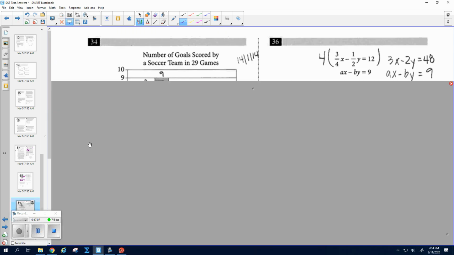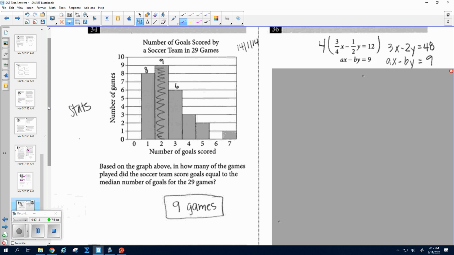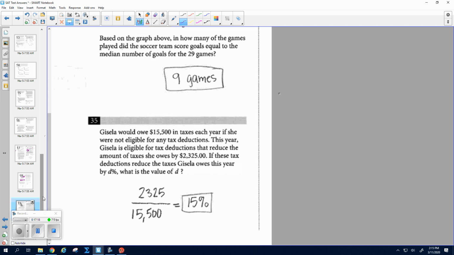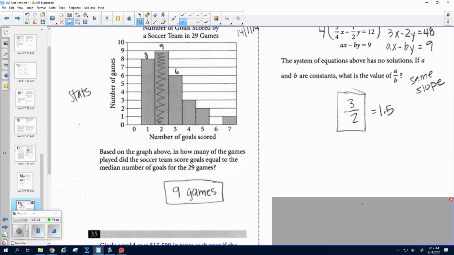Number 34, this is another stats question. That is 9 games. Number 35 is 15%. Number 36 is -3/2, or actually, I think that's just 3/2, you guys, or 1.5.